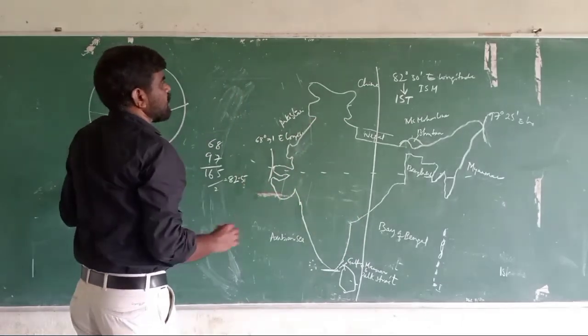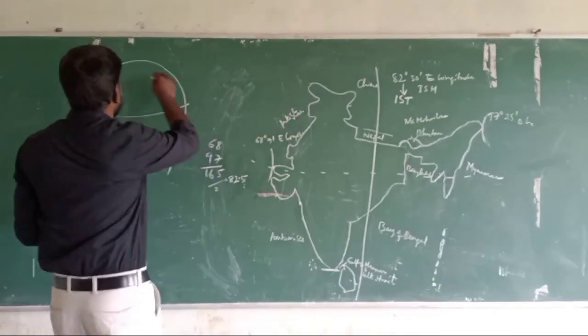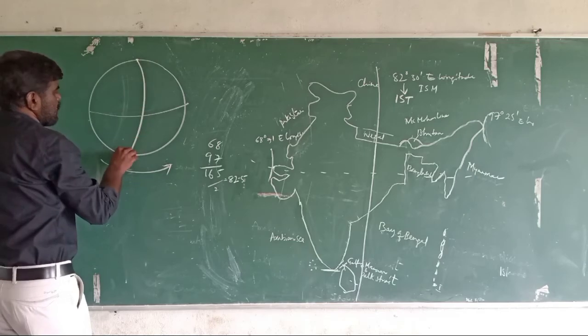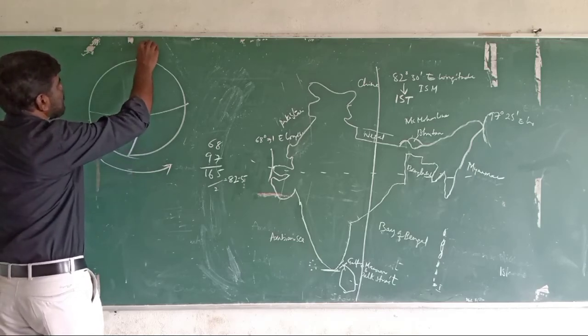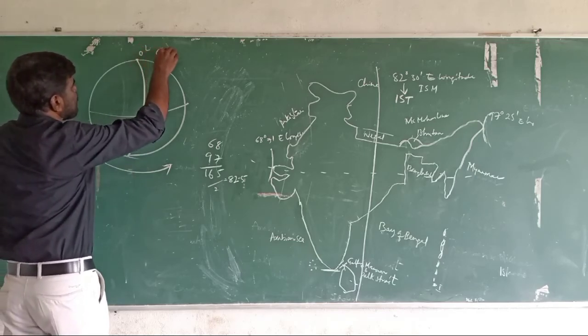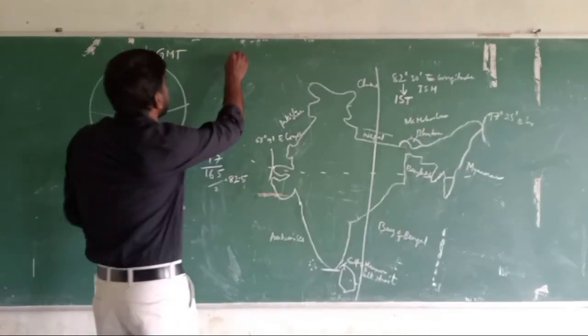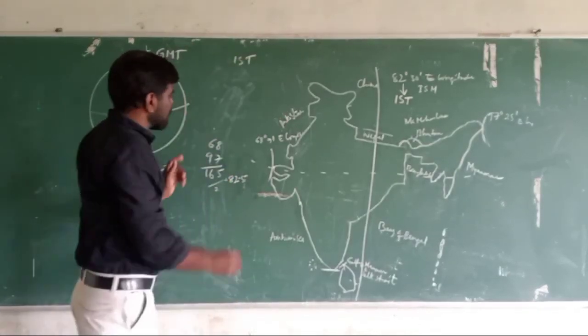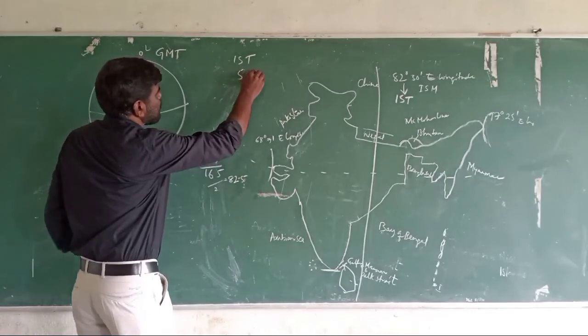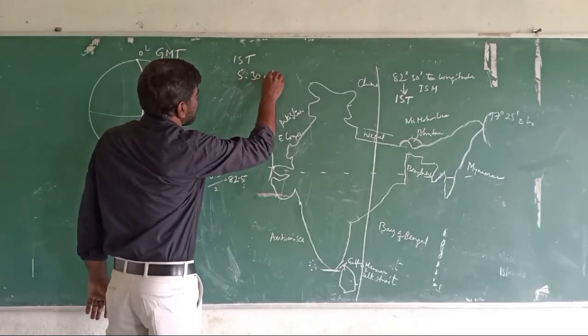And the time difference between the prime meridian 0 degrees longitude, that is Greenwich Mean Time, and Indian Standard Time is 5 hours 30 minutes.